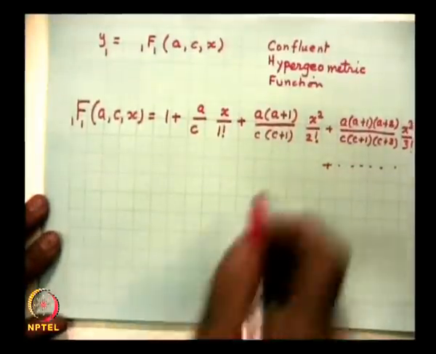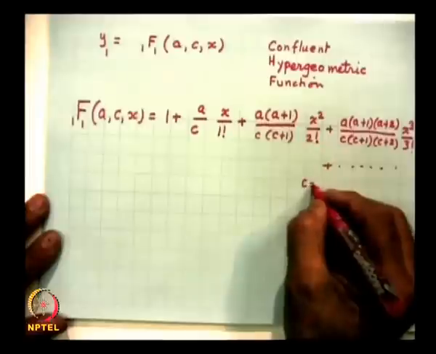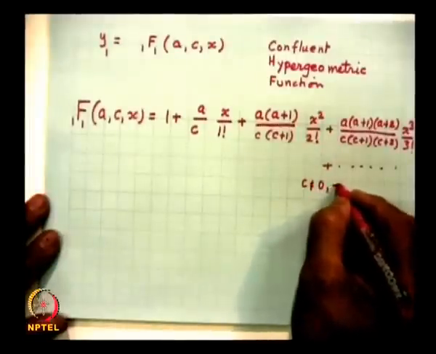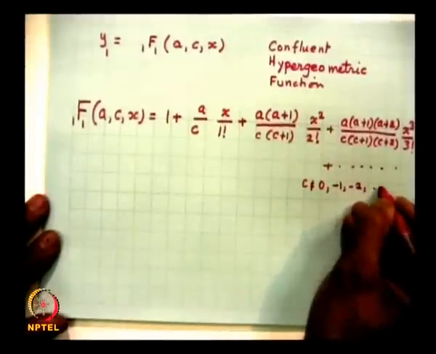Obviously, c cannot be 0 or a negative integer. The function will blow up.